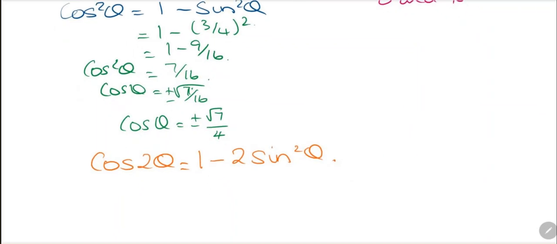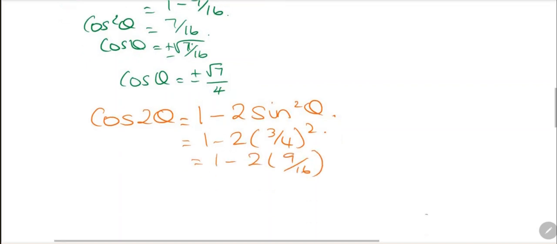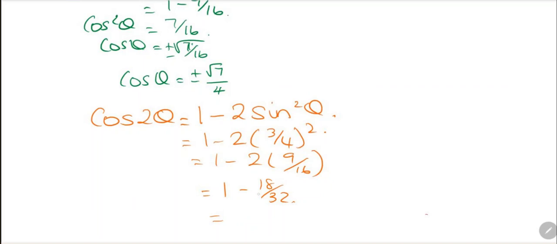Okay, so we can do this one without finding cosine, and we'll just see how they compare. So 1 minus 2 times 3/4 squared. So this would be 1 minus 2 times 9 over 16, which is 18 over 32.